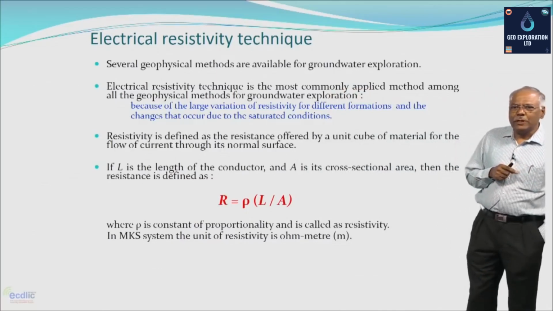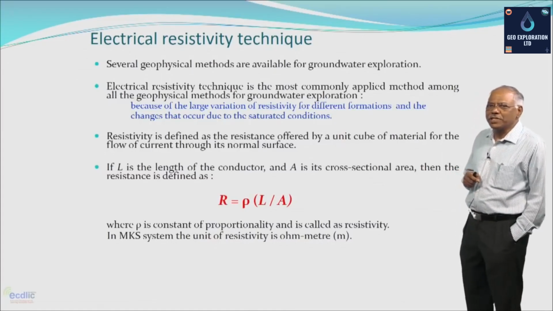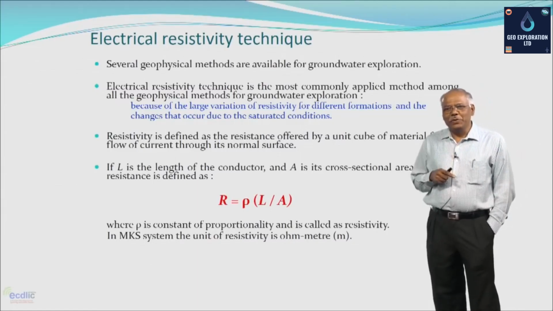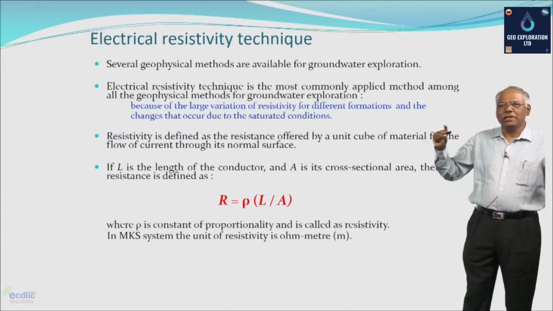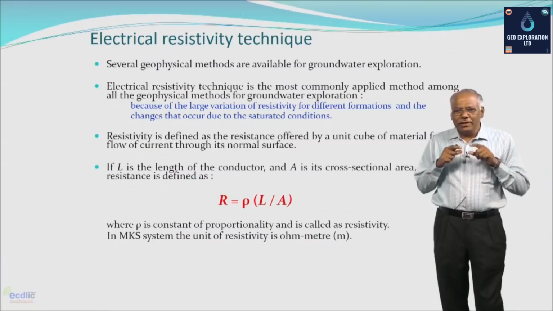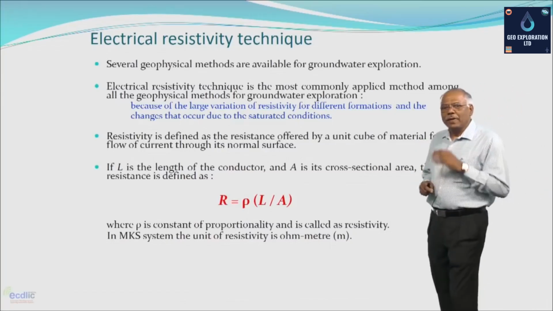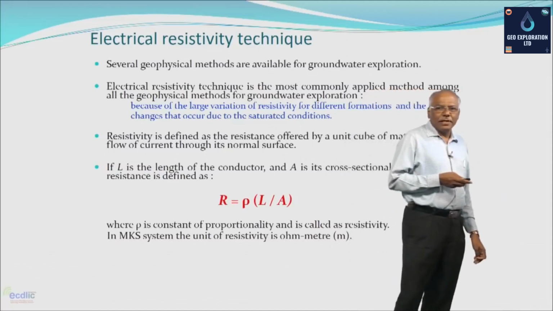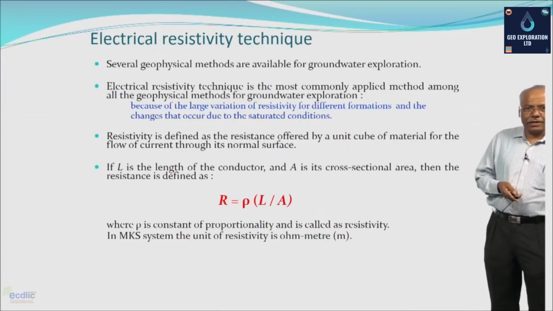If you consider L as the length of the conductor and A as the cross sectional area, then the resistance you can find out is R equal to rho L by A. So, L is the length of this particular conductor, A is the area, and based on the ratio of L by A, you can find out the resistivity of a given medium. This resistivity is measured with the help of this particular technique.